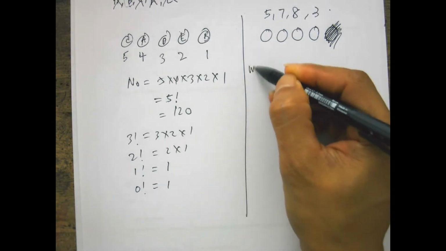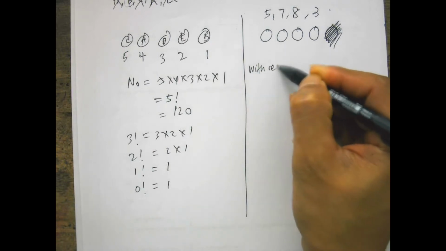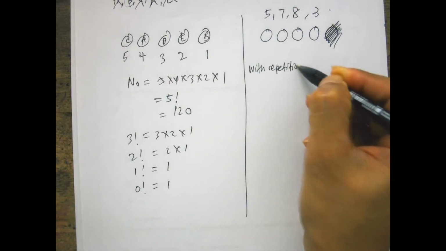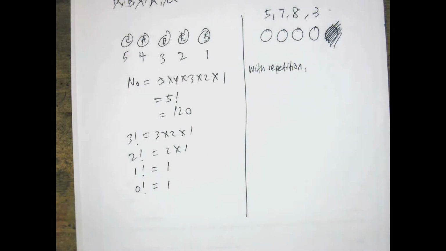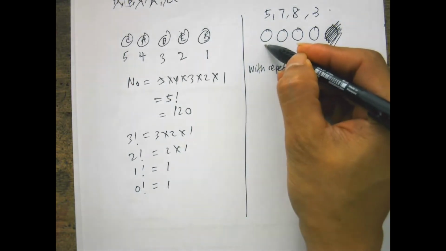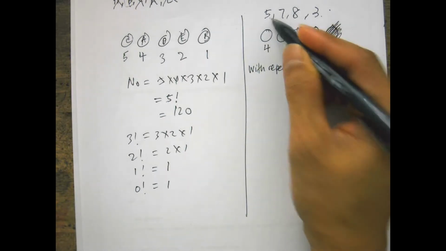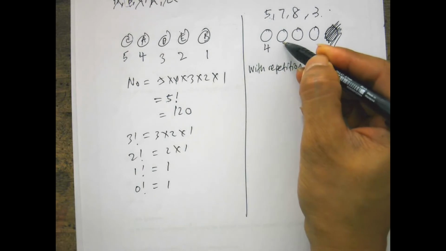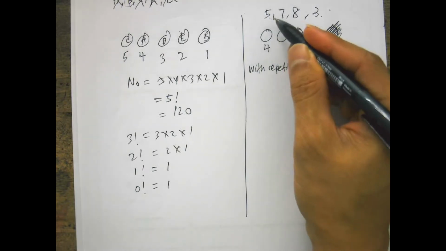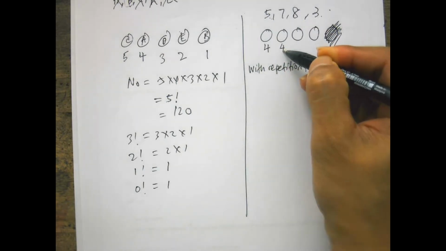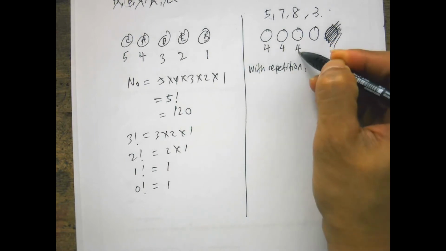The first case is with repetition. With repetition means I can use the same number again. So how many ways can you arrange this now? 4. I can choose any one of them. Let's say I put number 5 here. Now the second box, I can still choose the same number, so it's still 4. The next one is still 4, because again, I can repeat.